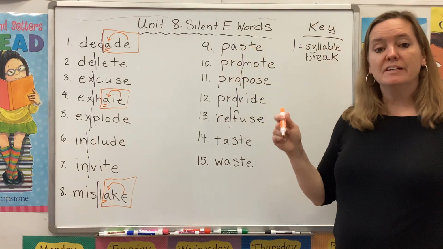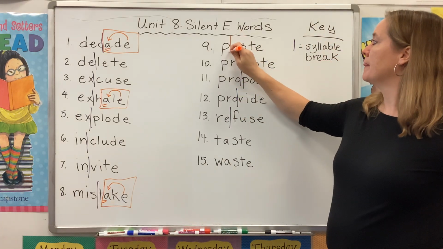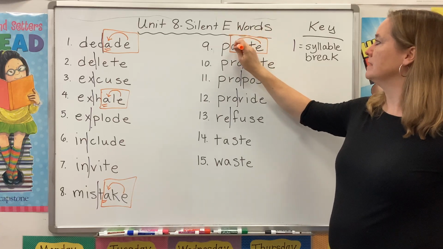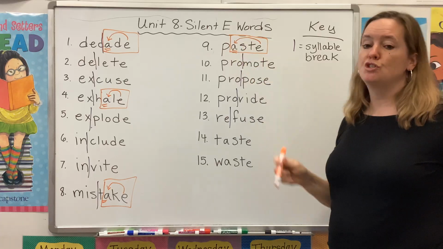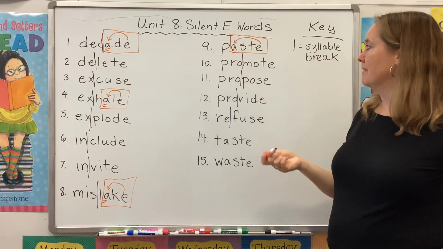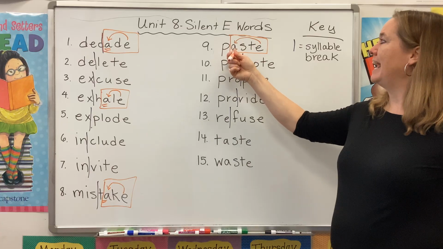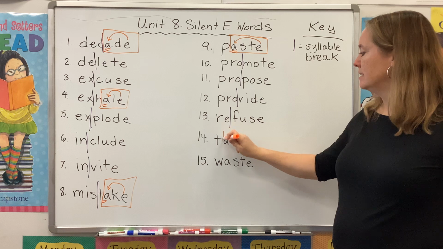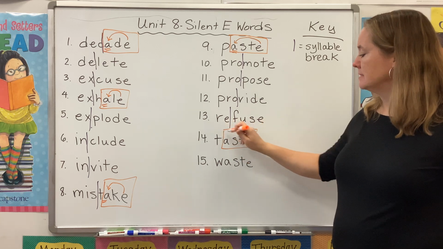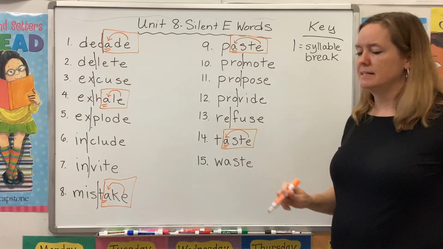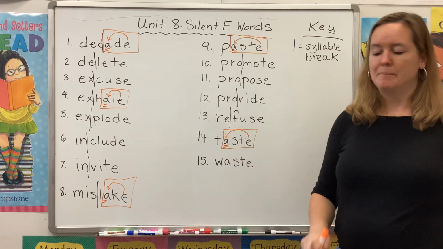Now, here's something new. This time that bossy E is going to jump over two consonants. That's very rare. We don't see that very often. So we have a, st. Down here, same thing happens. The silent E jumps over two consonants to make the A say its name.